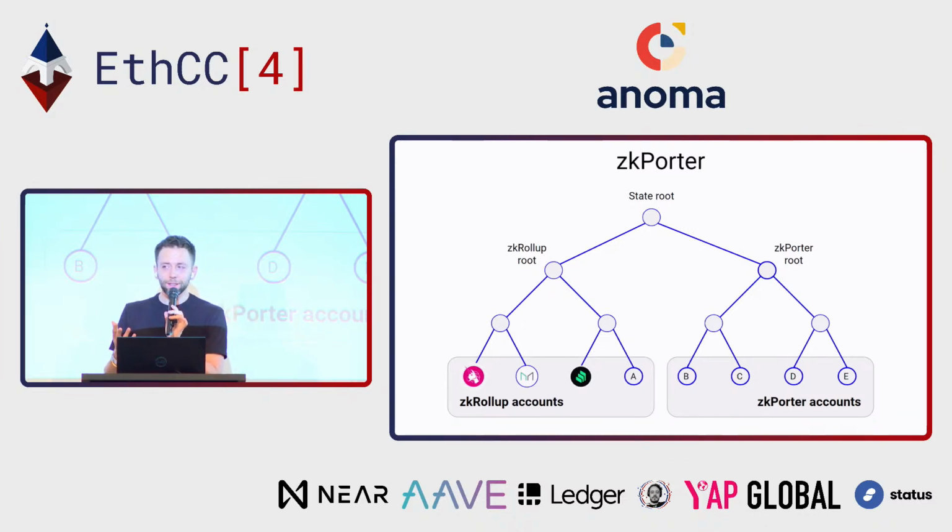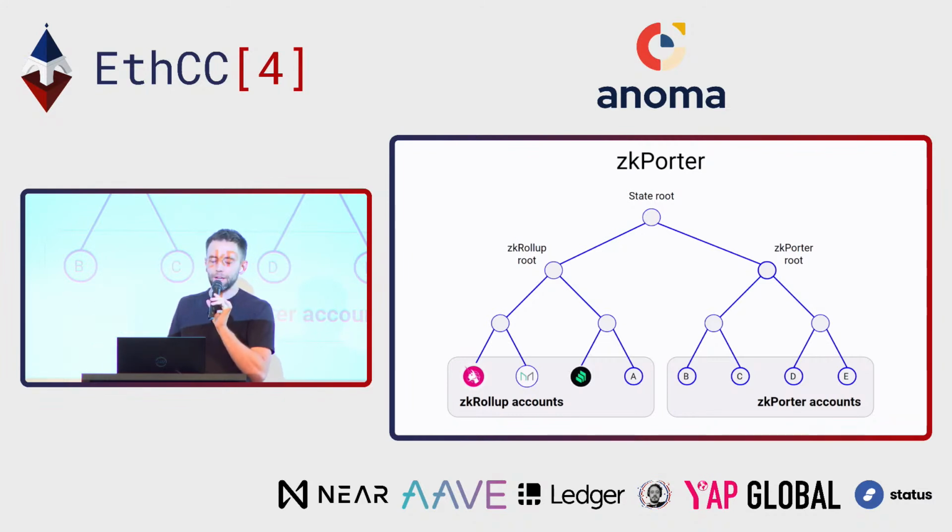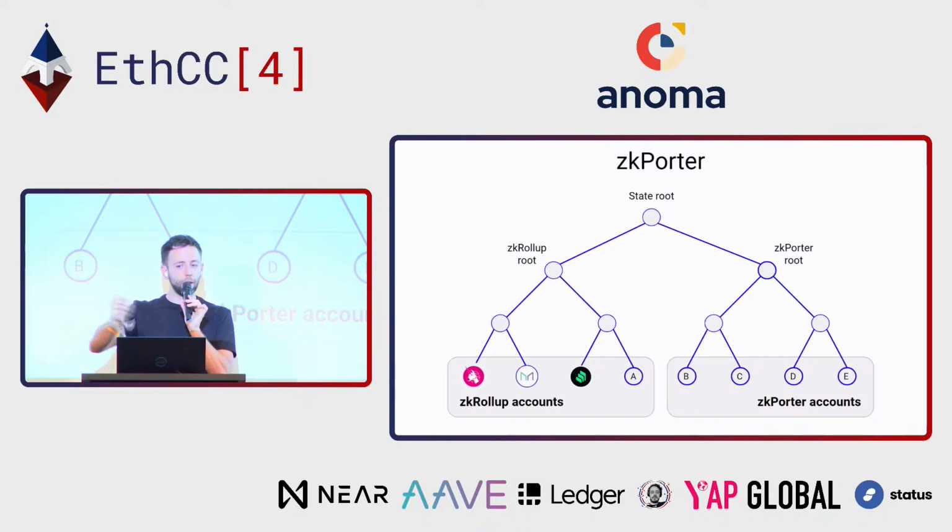But the beauty is you can have users coming from Binance Chain and all the other side chains back to Ethereum. They don't care about security, because otherwise they would not be there. They just want a cheap transaction cost. So they go create zkPorter accounts. They can use all the zkPorter stuff, like send money to each other for 1 cent per transaction.